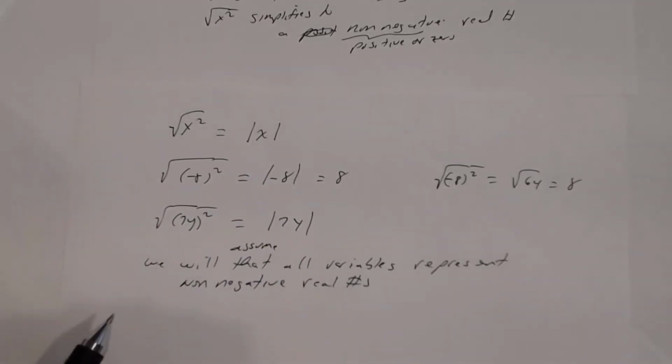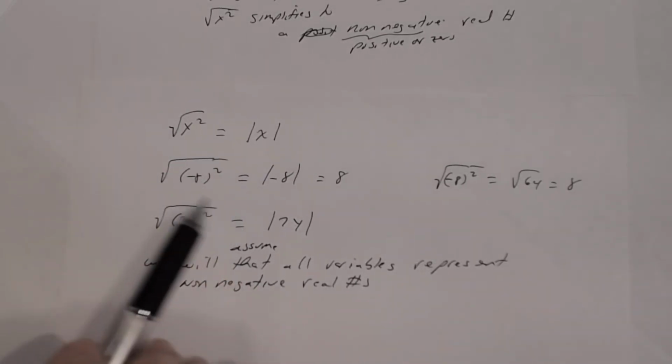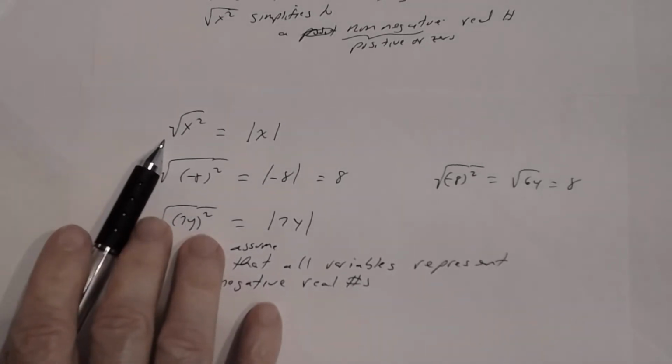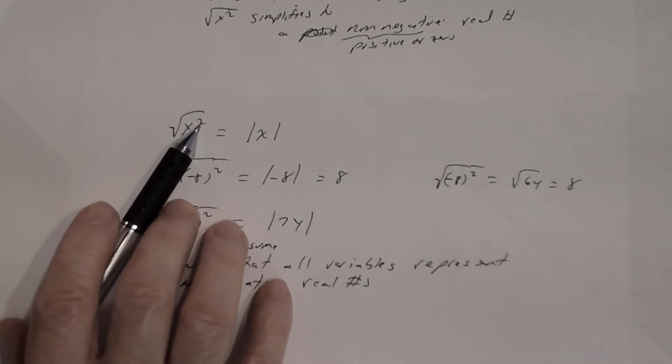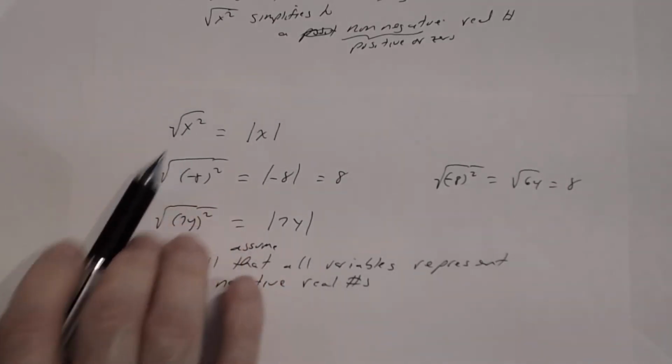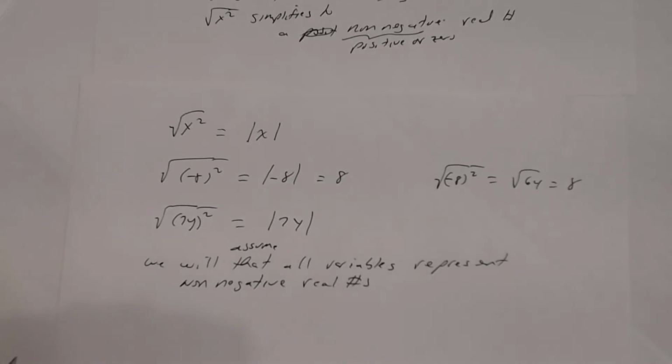But I just wanted to bring that up because in future courses, you will come back to this idea about when you take the square root of some base raised to an even power, but we're just looking at squared here. There are times when you will have to utilize absolute value bars and times when you won't.